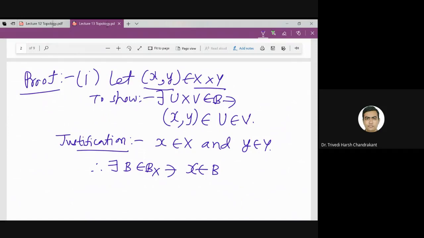Because x is a topological space, so it has a basis. Similarly, y is in... so let me denote bx and by. So let us take b small x. So y belongs to b small y.